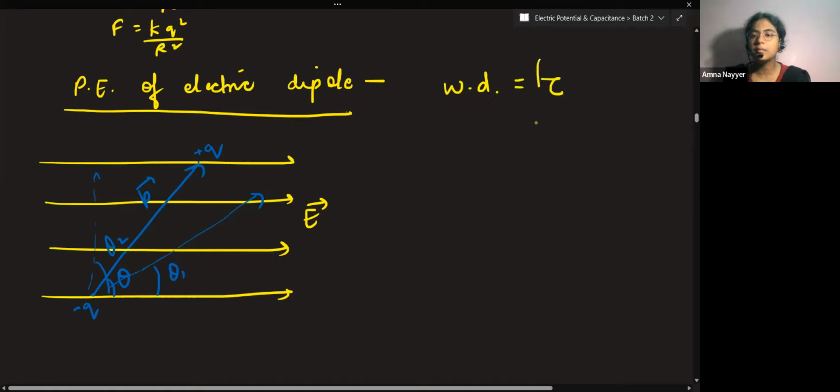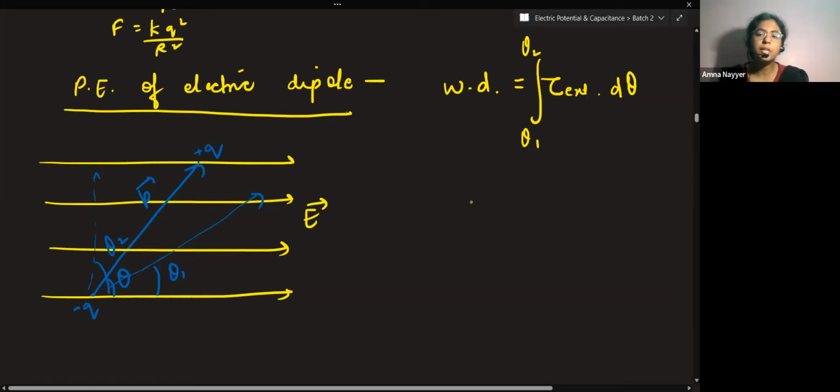So work done becomes basically the torque due to the external restoring torque, dot d theta, from theta 1 to theta 2. This is the work done due to the external torque.